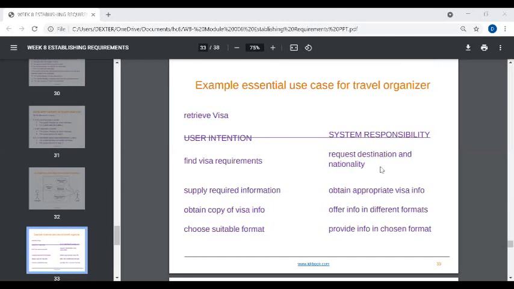Note that an actor represents a role. So when, for example, Jasmine, who works for a travel agency, is booking a trip for herself, she adopts the role of the traveler. But when she's working for a travel agent, she adopts the role of travel agent. Then, this is our essential use case, based on the visa requirements example.